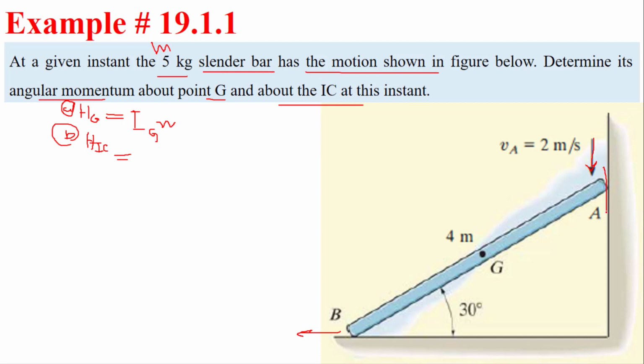Okay, let me draw it like this. Here is the velocity and here is the line perpendicular on the velocity. We have two non-parallel velocity. Remember how we determined the IC? Two non-parallel velocity. Here we have another velocity. Then the perpendicular line is in this direction. So the intersection point is IC.